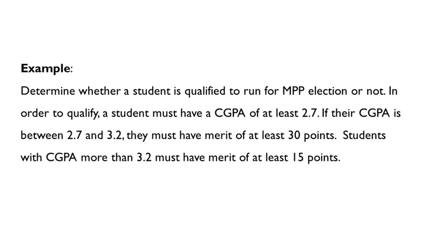In order to qualify, a student must have a CGPA of at least 2.7. If their CGPA is between 2.7 and 3.2, they must have merit of at least 30 points. Students with CGPA more than 3.2 must have merit of at least 15 points.